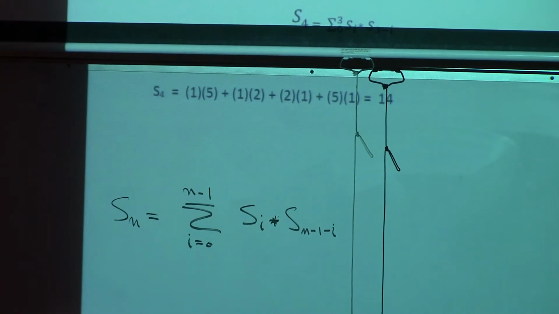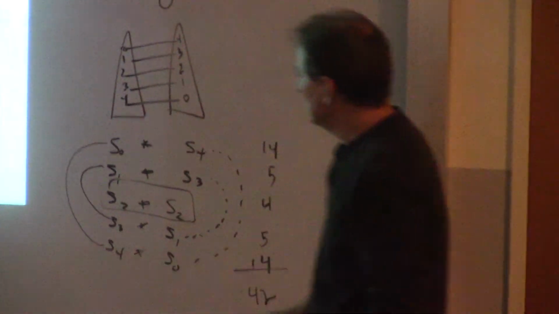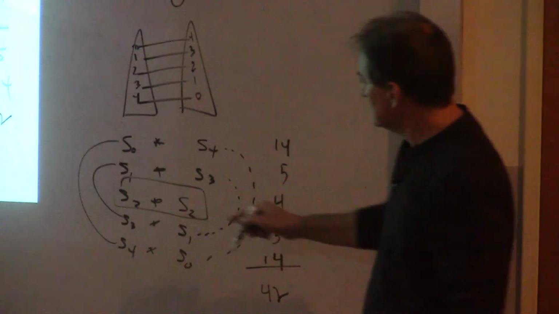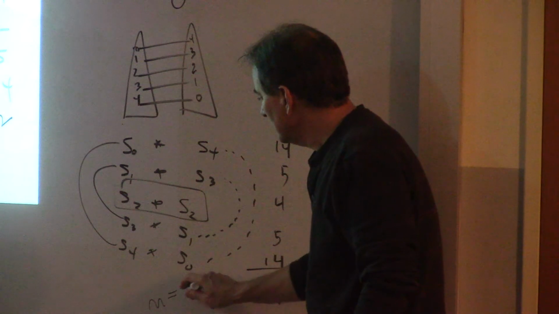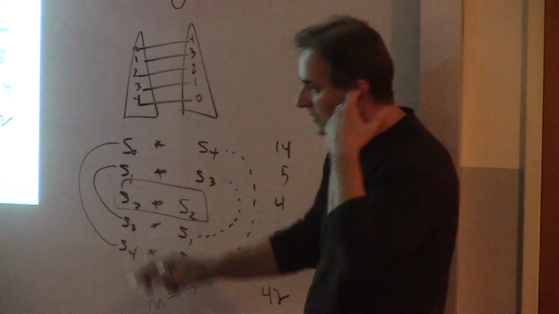But notice that this product occurs twice, and 1 and 3 occurs twice. And this one in the middle actually occurs once. This is the shape of this when n is equal to 5. When n is equal to 5, we have 5 of these.